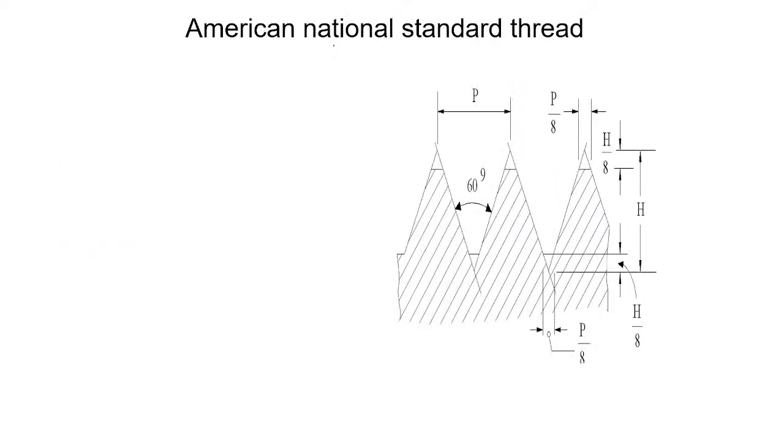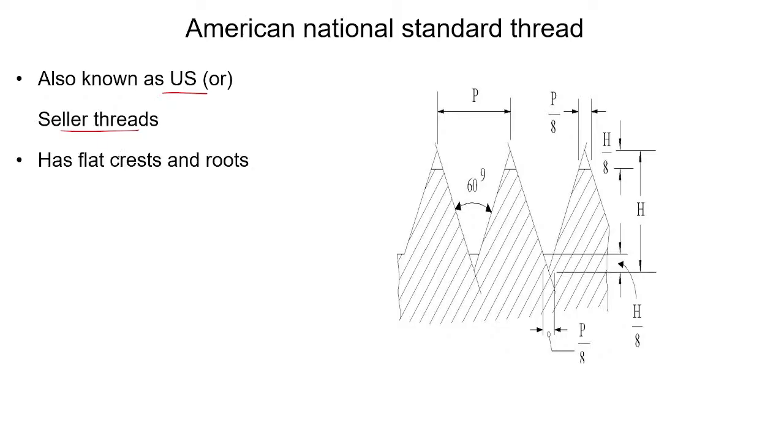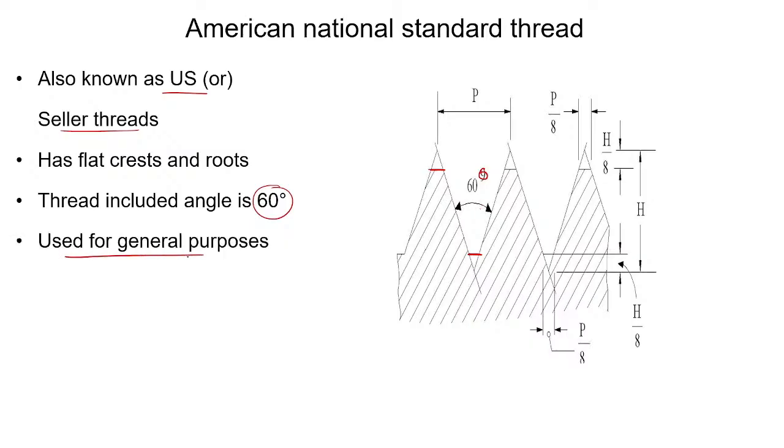Next is the American National Standard thread. It is also known as US or Sellers thread. It has flat crest and roots. The angle included between the faces is 60 degrees, and it is used for general purposes, for example bolts, nuts, screws, and tapped bolts.